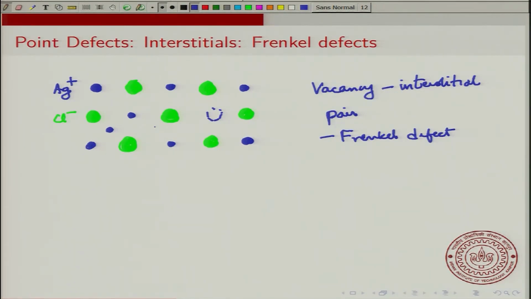Now, you could also form Frenkel defects in pure metals, where you just form a vacancy interstitial pair. So, this can also be present in pure metals.